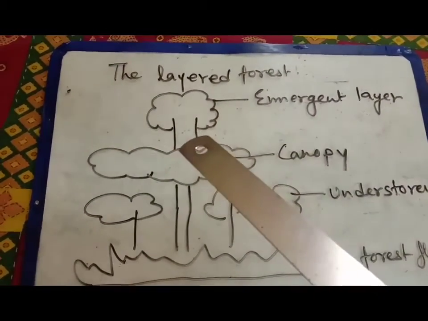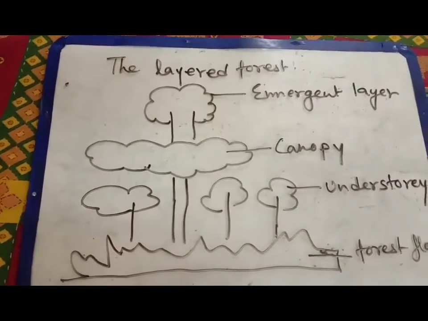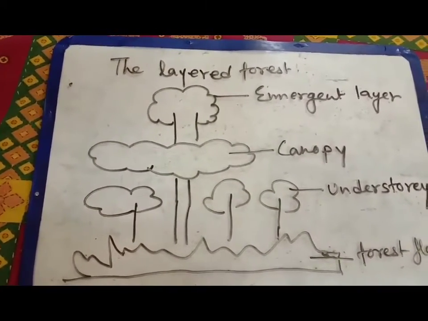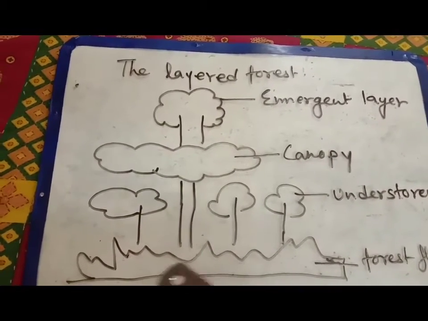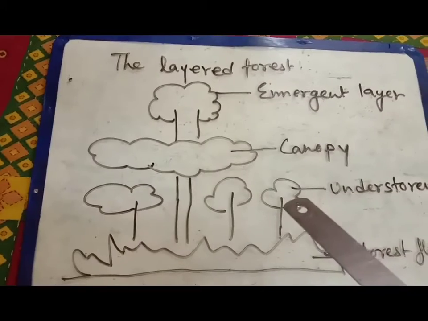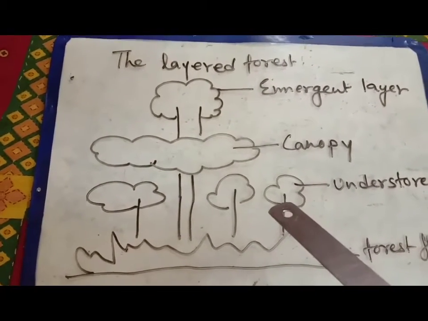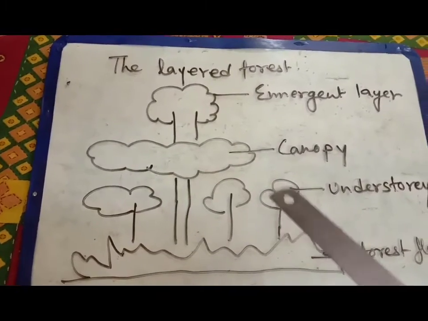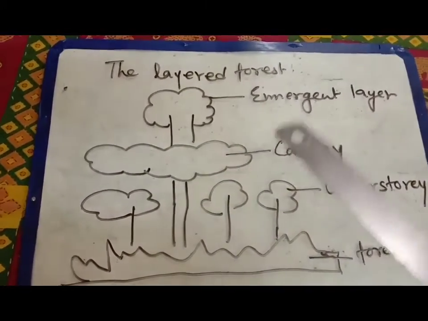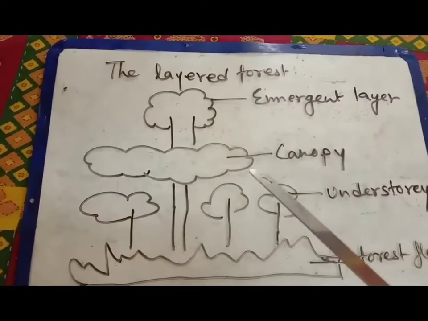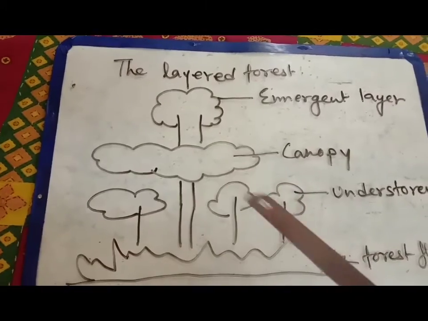The regions around the equator are very hot, you know that, and we get rainfall daily. This is why the area has heavy forest, clustered around the equator. The trees here grow and shed their leaves throughout the year, and that is why the trees look green throughout the year.